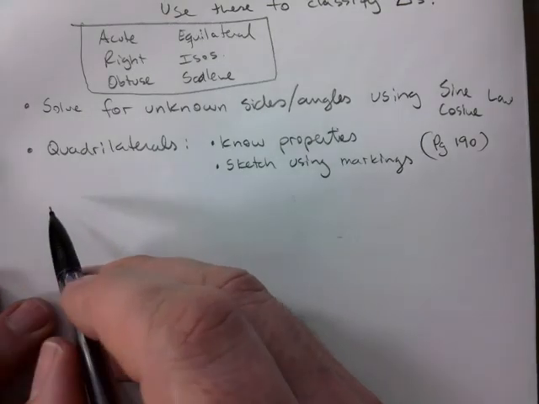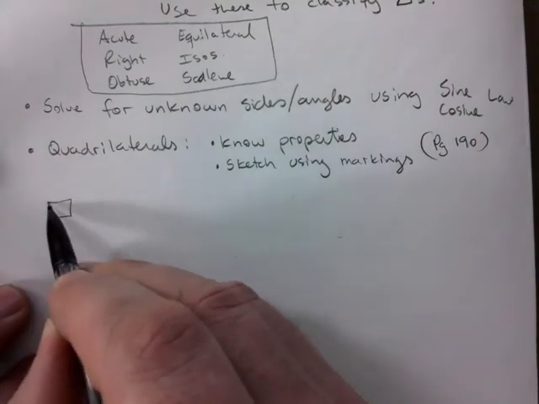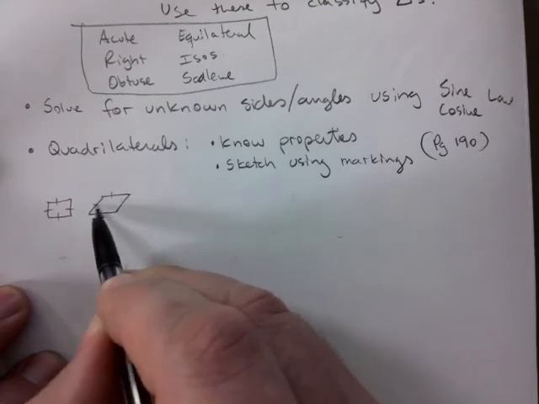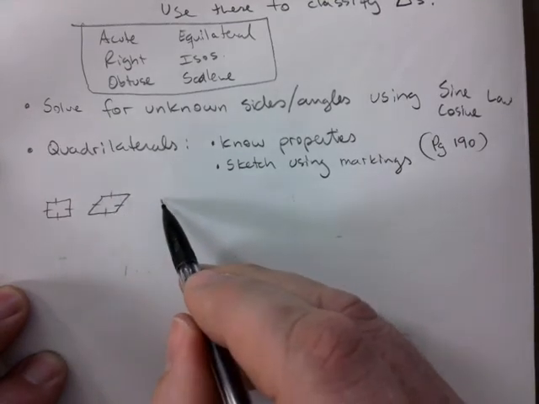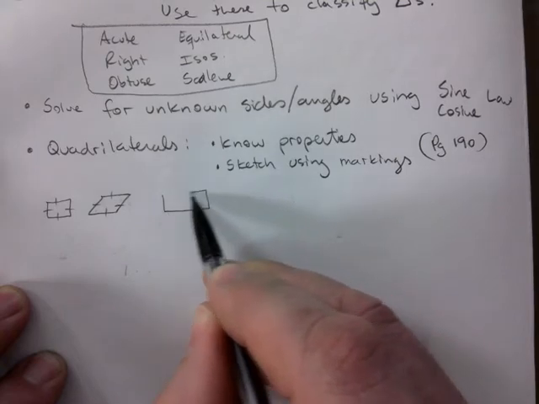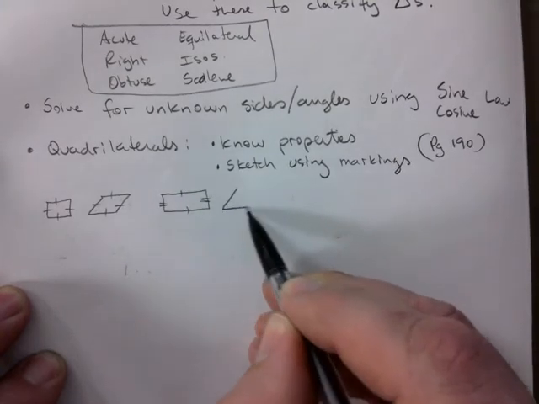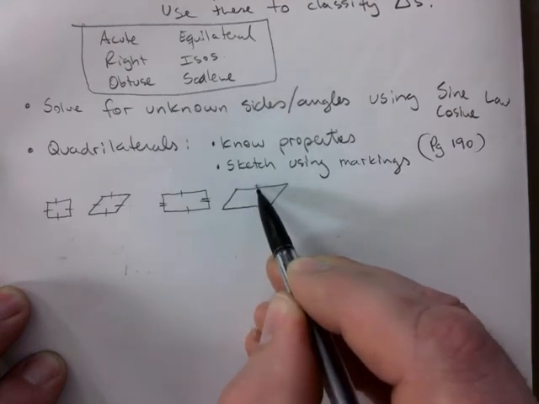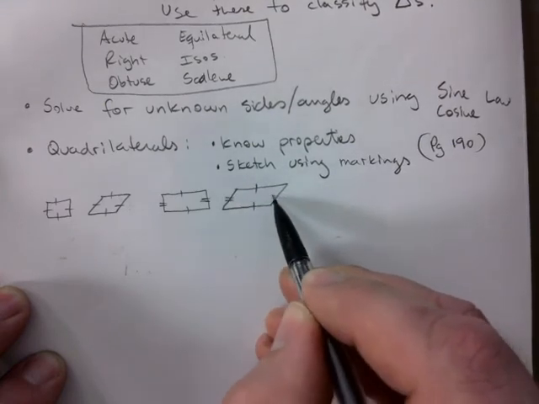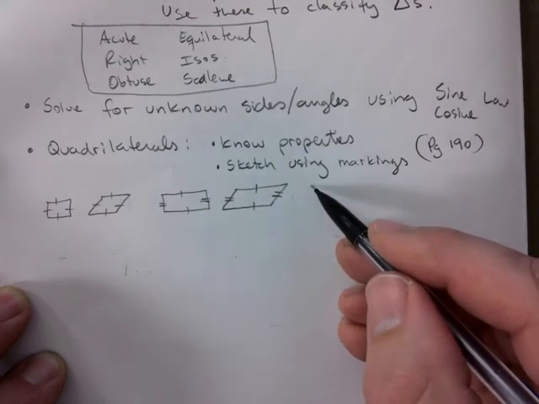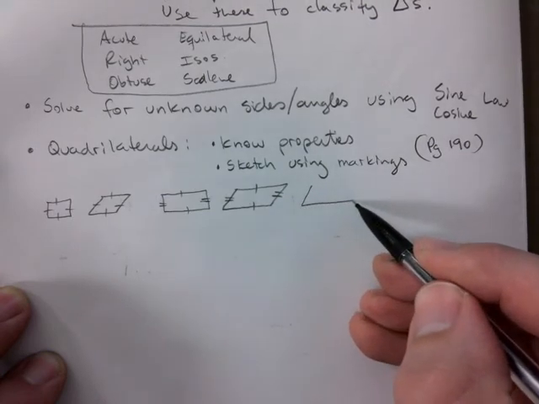So these are them. You have your square, you have a slanted square called a rhombus, right? You have your rectangle, you have its cousin that is slanted, which is called a, anybody? Parallelogram, that's right.